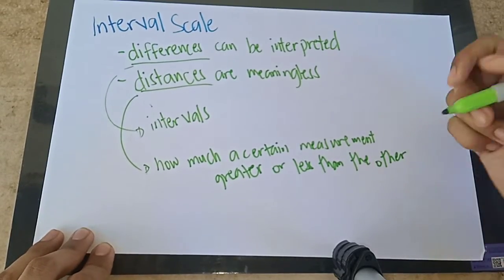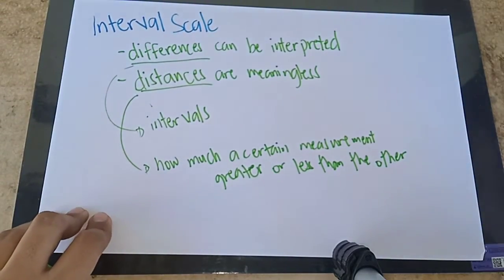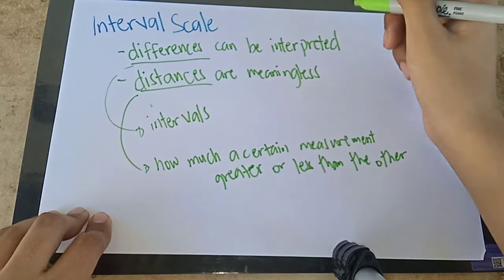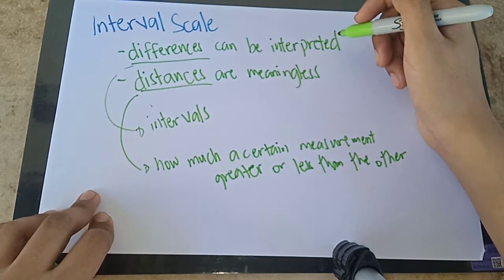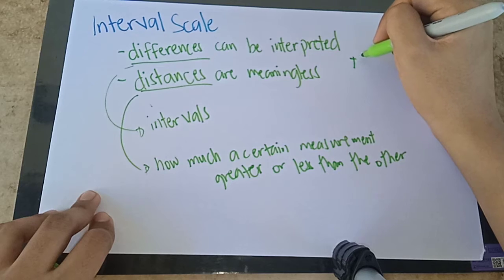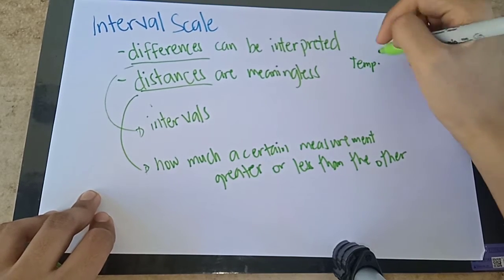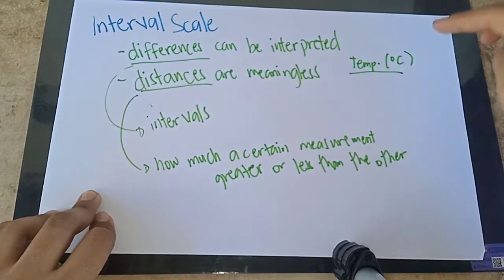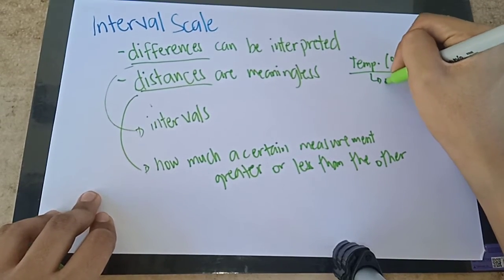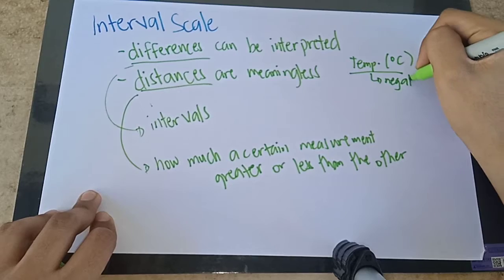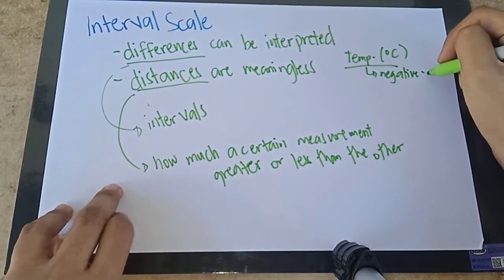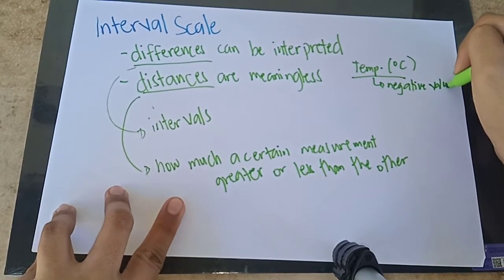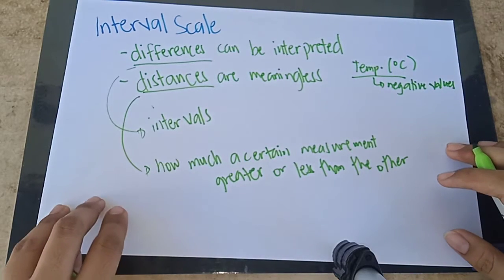Let us have this example once more. Let's say that we have a temperature measured in degrees Celsius. We all know that when a temperature is measured in degrees Celsius, it can have negative values. And since it can have negative values, 0 is not the starting point.